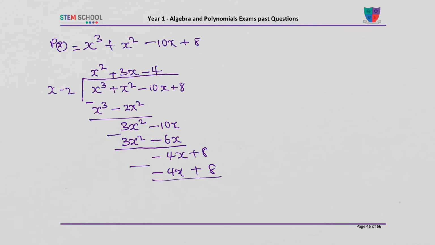Minus 4x minus minus 4x is 0, and 8 minus 8 is 0. Now I know my quotient. So my quotient is x squared plus 3x minus 4.